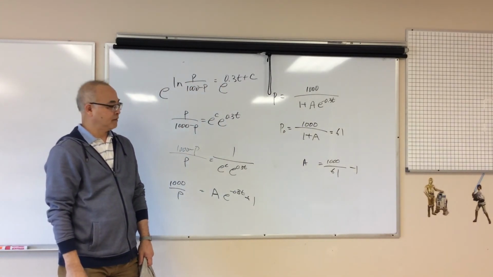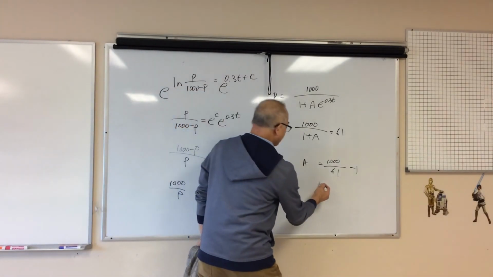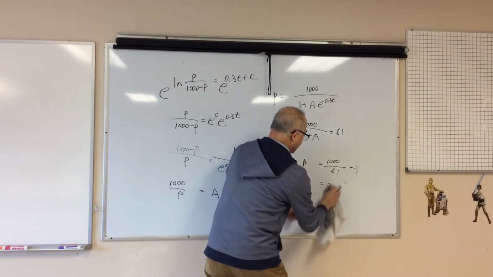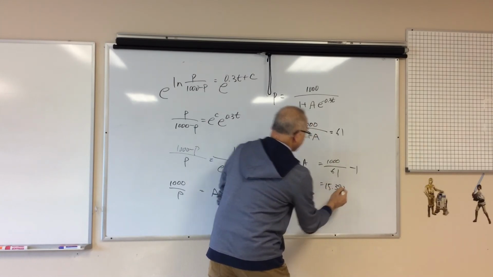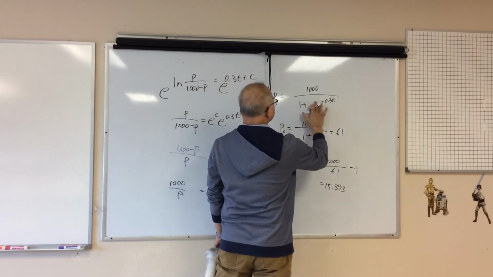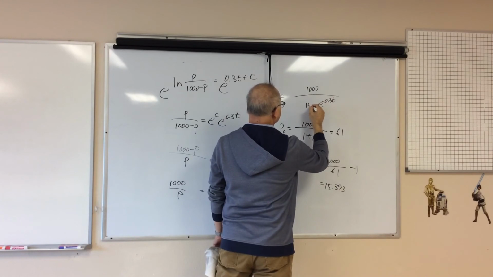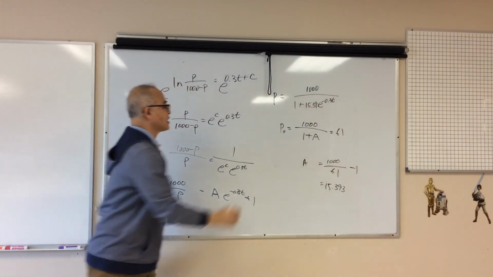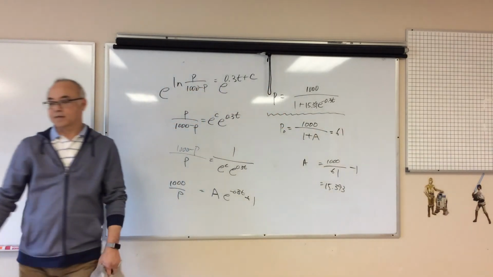Somebody do that for me, please. It says 15.393 in the book. So my actual function is going to look like that, right? So this actually is my function.